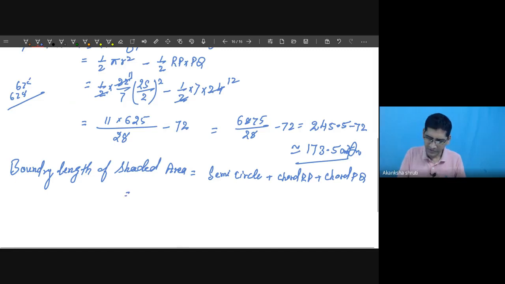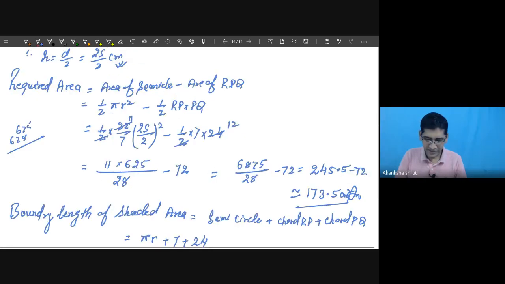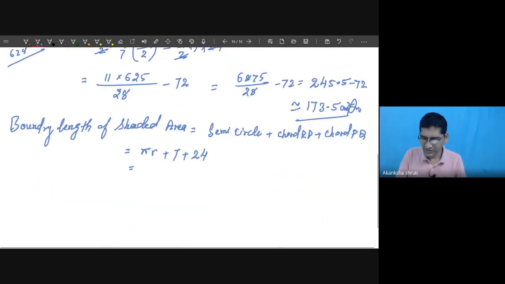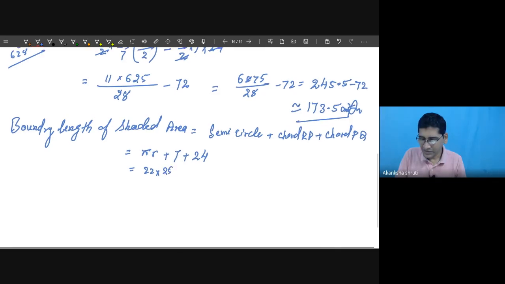It's so simple. So semicircle, it is our pi r only. Then the chord length is our, one is 7, another is 24. R we have already calculated, 20. So 22 by 7 into 25 by 2.